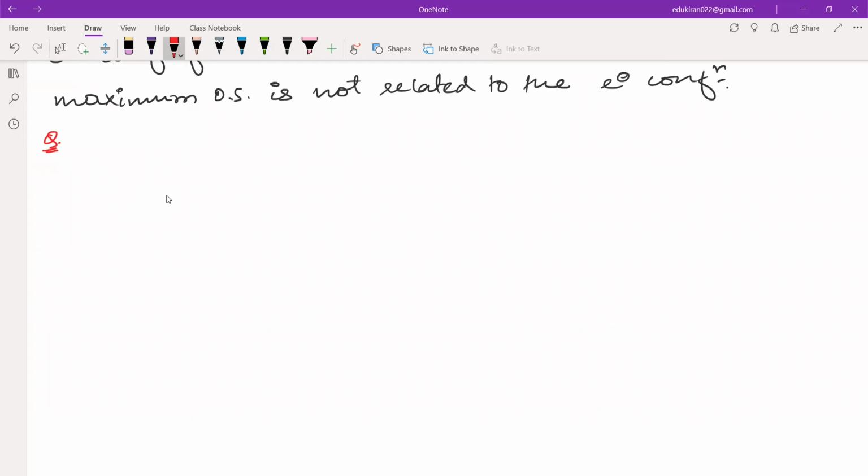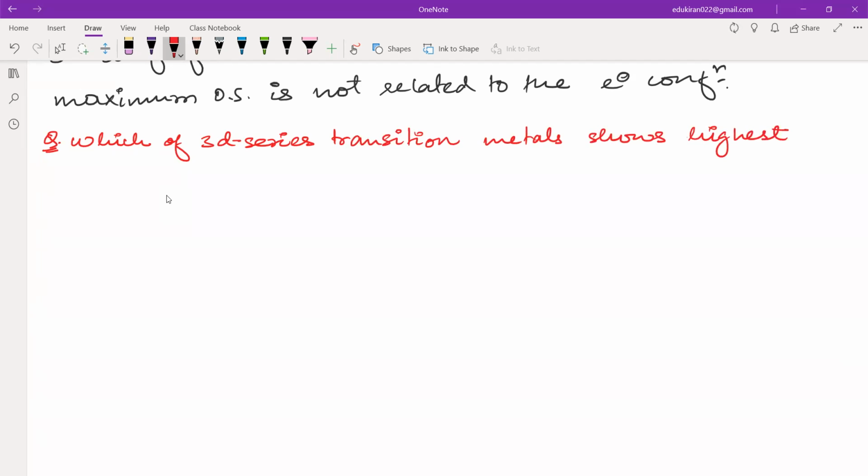Write the question. Which of the 3D series elements, transition metal, shows the highest oxidation state, or rather I should say the largest number of oxidation states, and why?